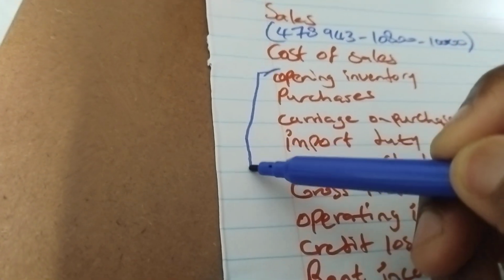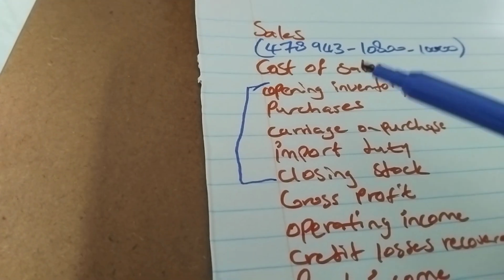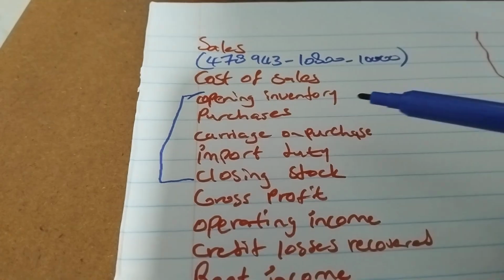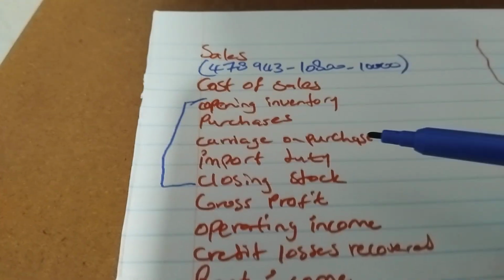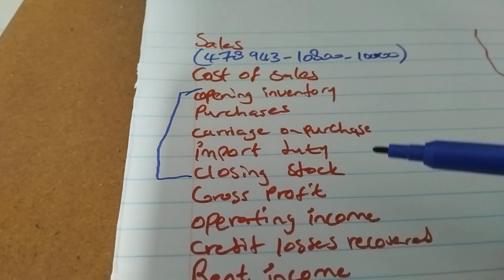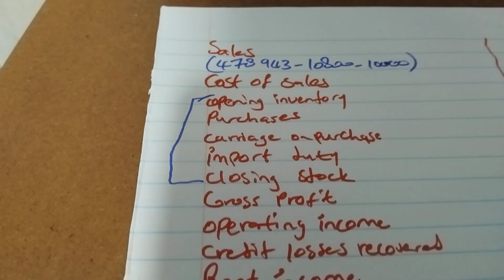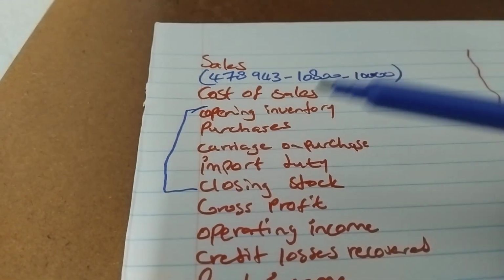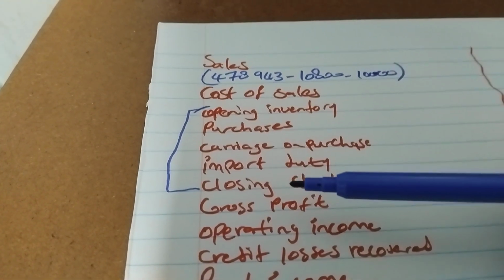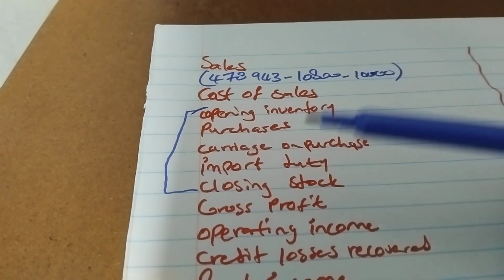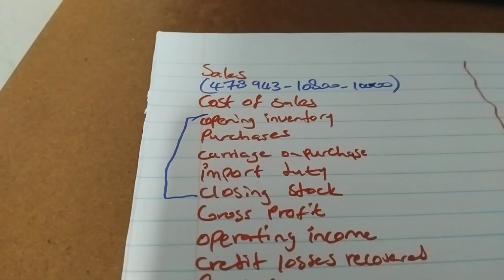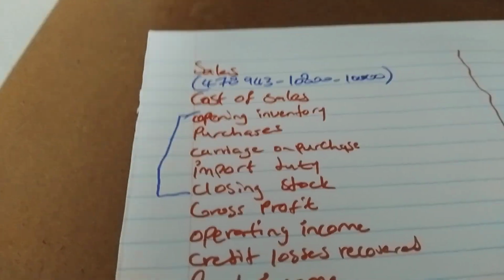From here until here is the structure of the cost of sales. You take your opening, you add the purchase, you add the carriage on purchase, you add the import duty, you less the closing stock. You must know this by heart.